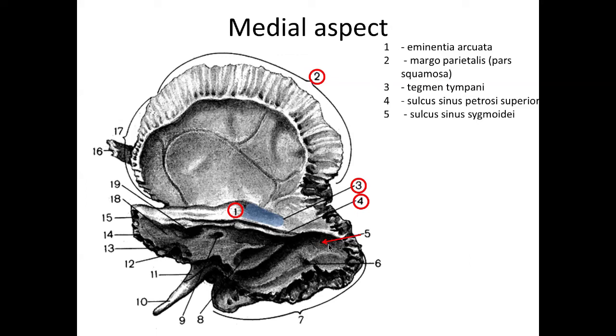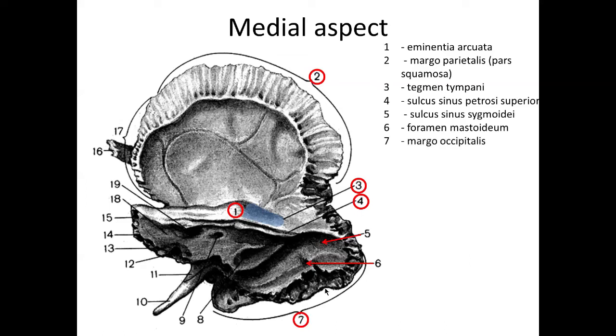There are special veins which drain the brain into these sinuses. So sulcus sinus sigmoidus, number 5. And close to it, number 6, foramen mastoidum. We already found this foramen from the lateral aspect, and now we can see it from the internal aspect also.